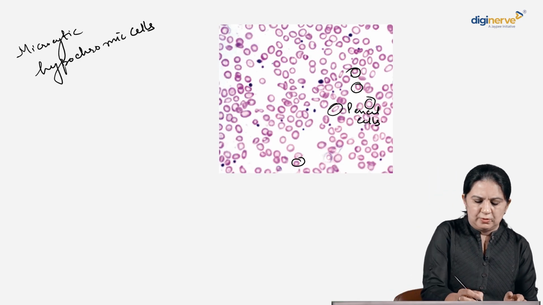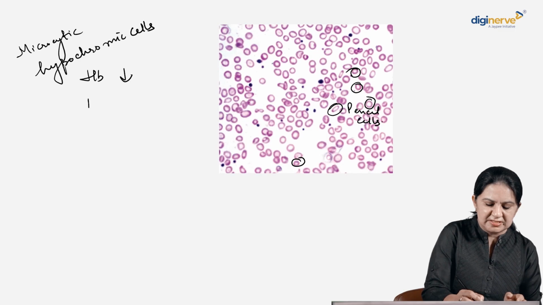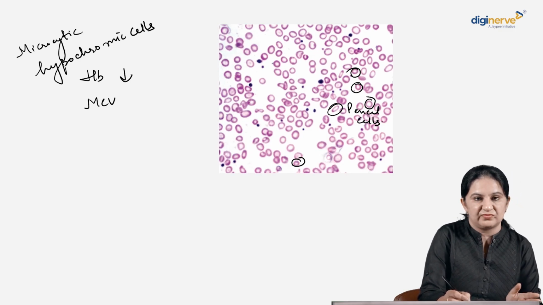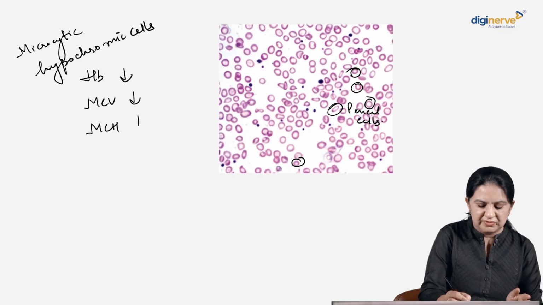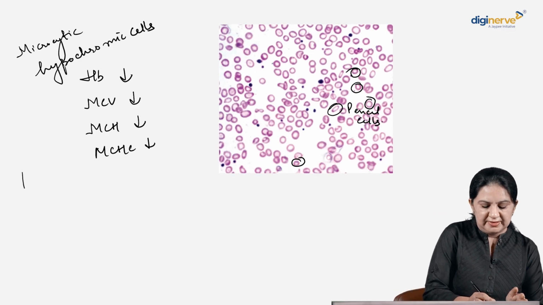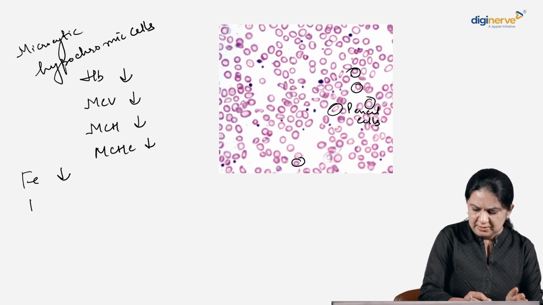Hemoglobin will be decreased. MCV, decreased or increased? It will be decreased. Why? Because the cells are smaller in size. MCH, decreased. MCHC, decreased.